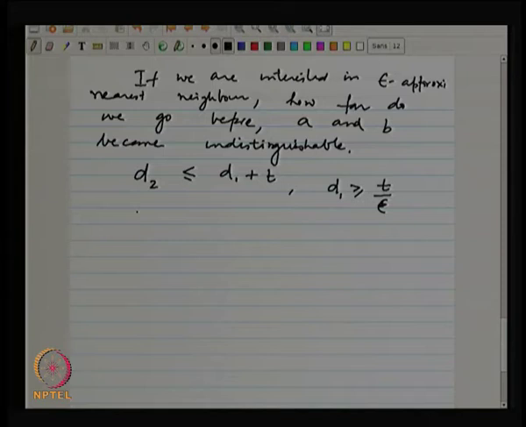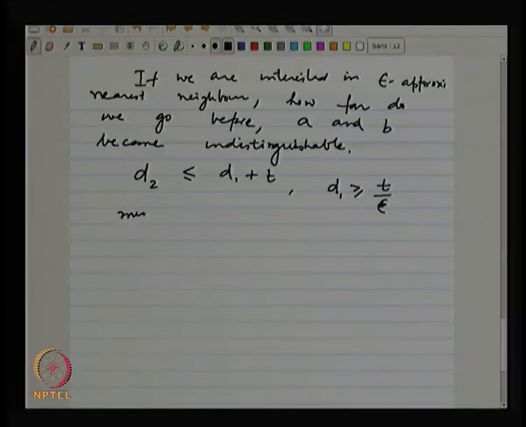Okay. So, either d1 is further apart or d2 is further apart, right. So, if the minimum distance, I think what you are saying is the minimum distance is at least t over epsilon, right. So, min of d1, d2, is that basically what you meant?